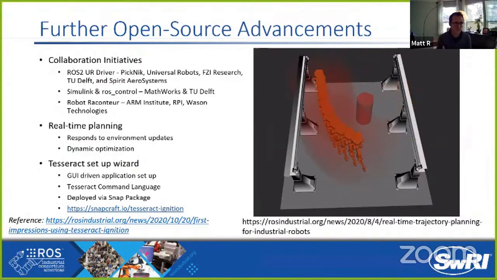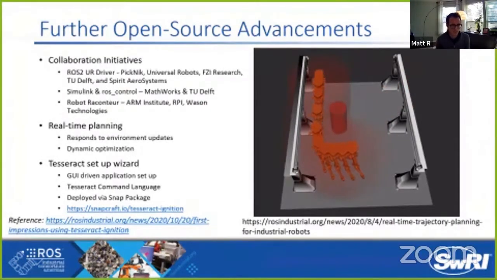So some different things we have going on. I wanted to touch on the consortium, right, is very interested in fostering collaboration initiatives amongst the membership, right? So very recently, Picnic was inquiring about, hey, let's try to get a proper ROS2 interface going with Universal Robots. And so working with Haish at TU Delft, team helped make some introductions with folks at FCI Research and Universal Robots.